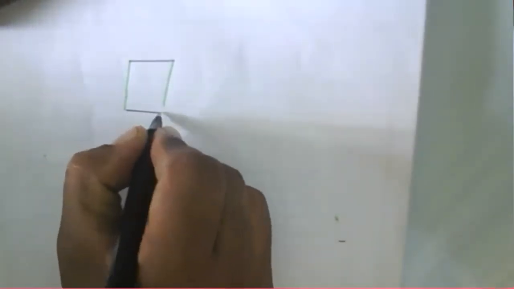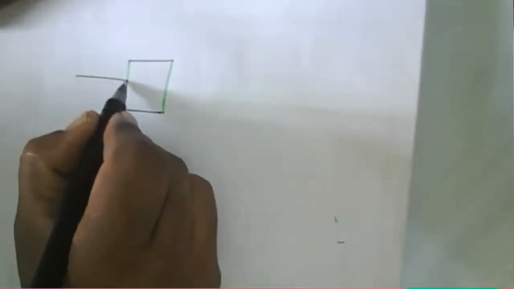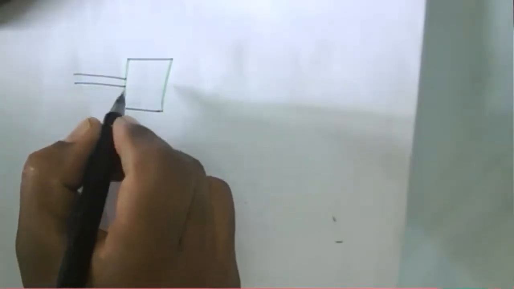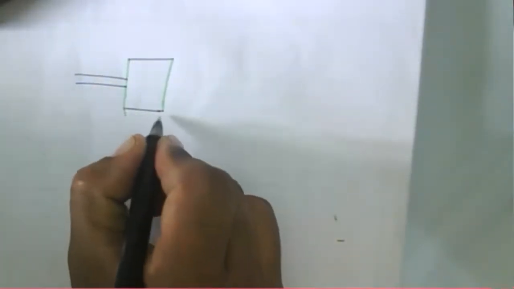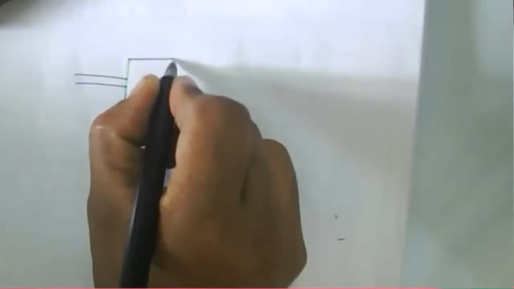It is a small patch of rectangular shape, and that patch is connected to the transmission line. This one is the transmission line, and this is the patch.